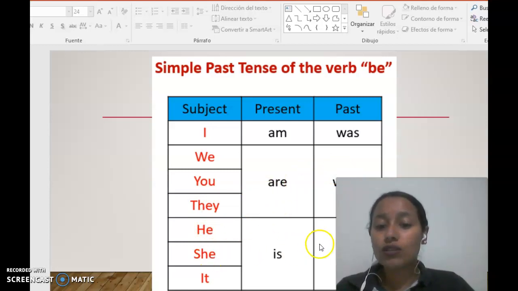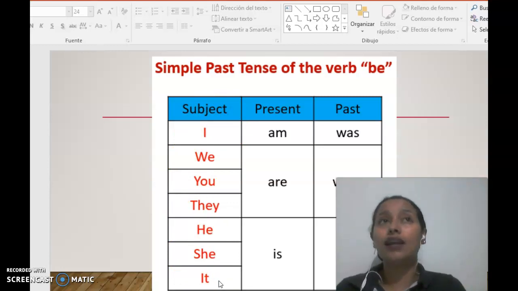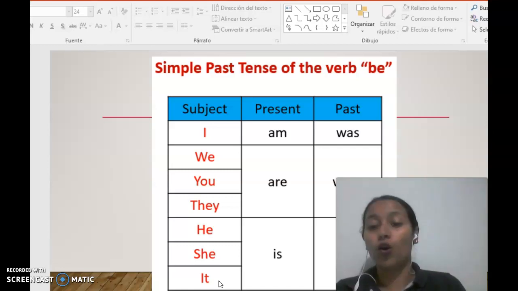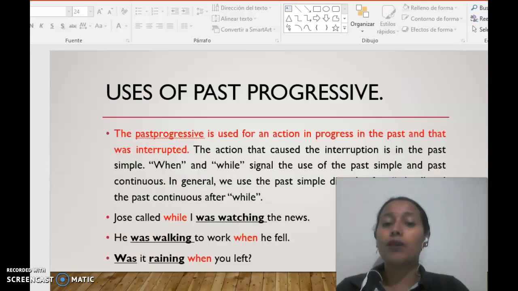Si yo digo she was, estoy diciendo ella era o ella estaba. Y si yo digo it was, estoy diciendo eso era o eso estaba. Remember that we can replace those pronouns with proper names. Proper names like Italy, Camila, England, Colombia, Maria, etc.